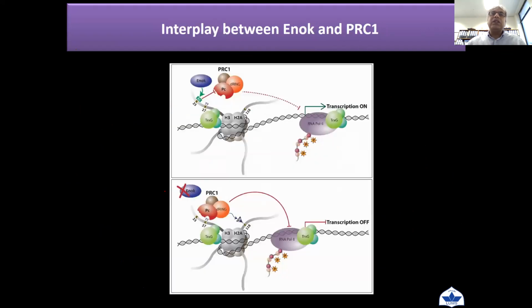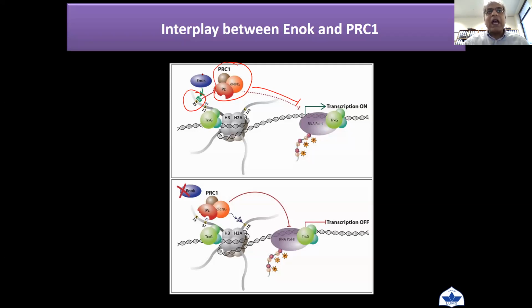So based on this, we came up with a model that H3 lysine 23 acetylation by Enoch somehow counteracts PRC1 complex association or effect, because normally PRC1 has an inhibitory effect, a negative effect on RNA pol 2 mediated gene activation.